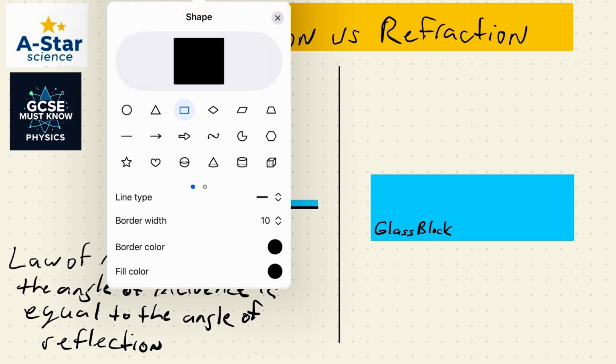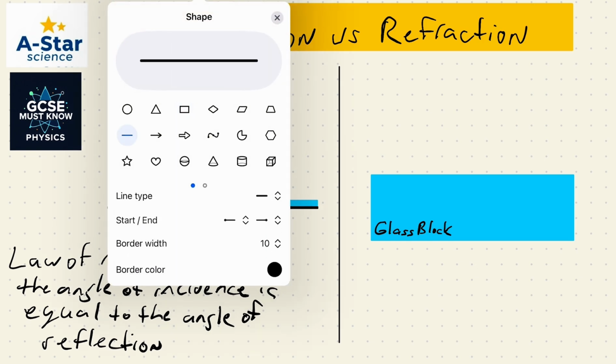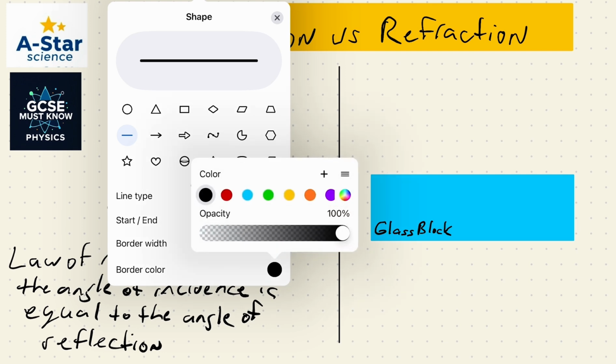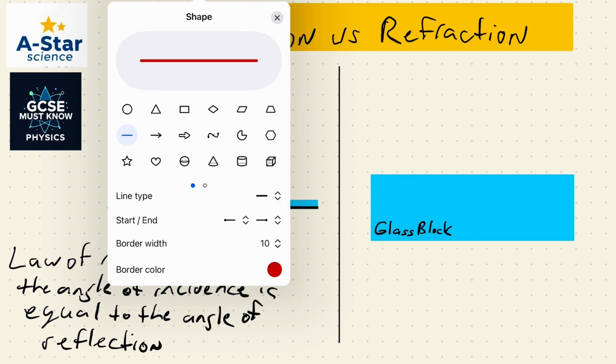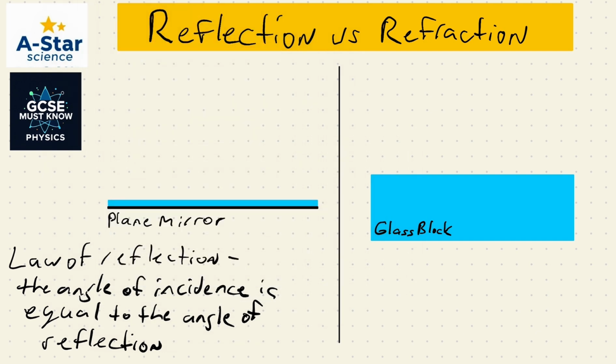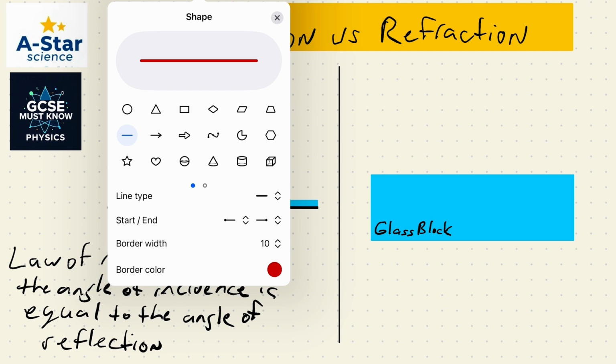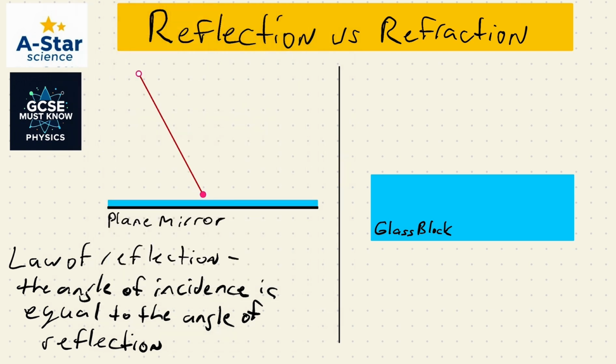We're going to use a straight line because light rays are always done with straight lines. Let's use the color red in this case. And the light ray is going to come in at some angle. Obviously, when it hits the mirror, the light ray then is going to also come out.